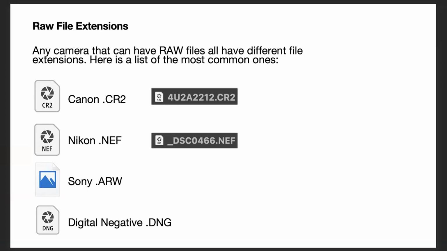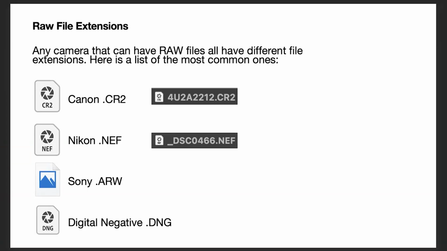We have Nikon. Nikon is the second most used camera. Some of you have personal Nikon cameras that you are working with, and so that file extension is .nef. And again, a screenshot there just to show what the numbering and lettering looks like.